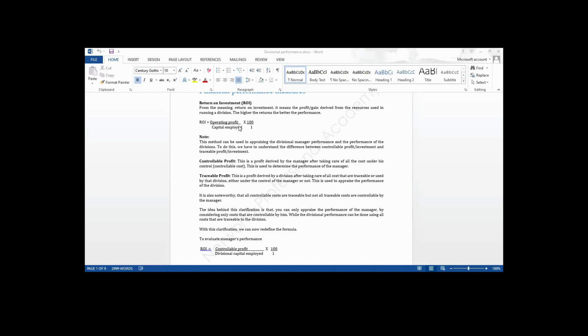That cost can be traced to your division. Cost incurred by head office will not come here. If head office incurs cost and part of the cost is apportioned to a division, that cost is not incurred by the division. It was an overhead cost incurred by head office and now apportioned to all divisions.